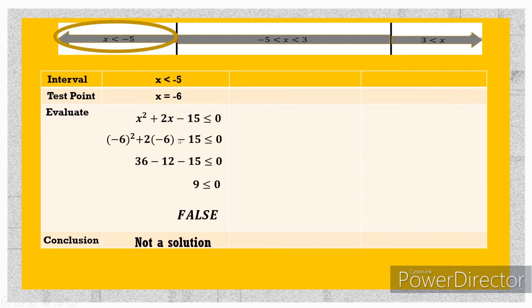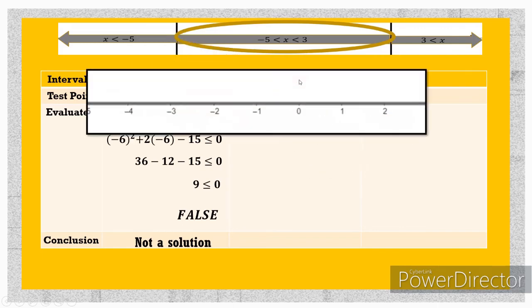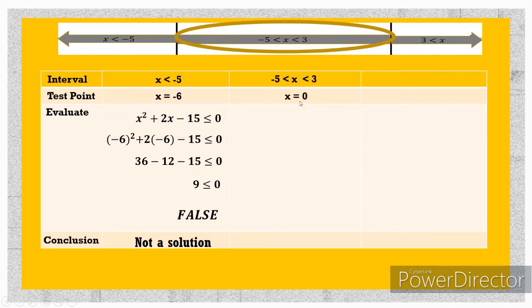Okay pa? Next interval, we have numbers between negative 5 and positive 3. So, again, pili lang tayo ng isang number sa pagitan ng dalawa. So, since nandito yung 0, piliin natin yung 0. Okay? So, x is 0. Then, substitute lang natin siya sa ating quadratic inequality.